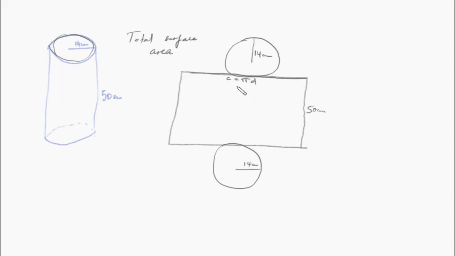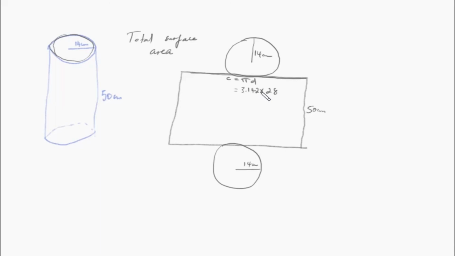Our diameter would be 28, right? So it's going to be 3.142 multiplied by 28 centimeters. It's going to give us the length there, which is the circumference. So we have 3.142 multiplied by 28.